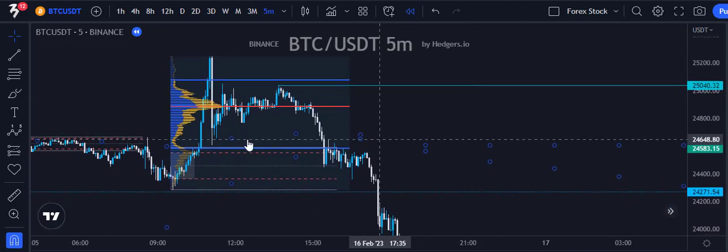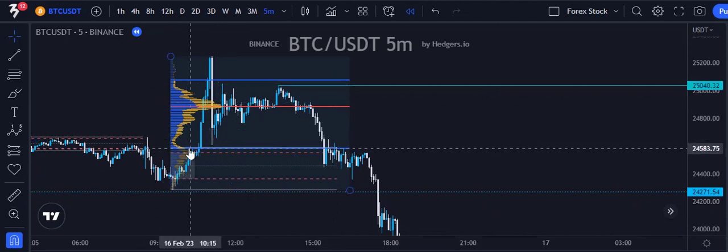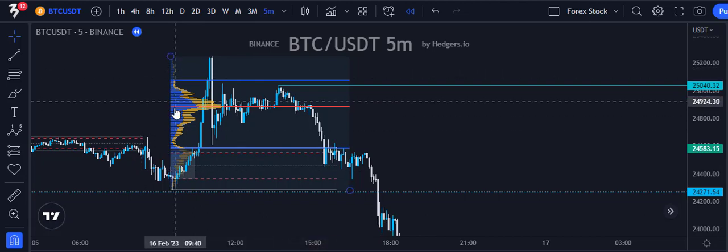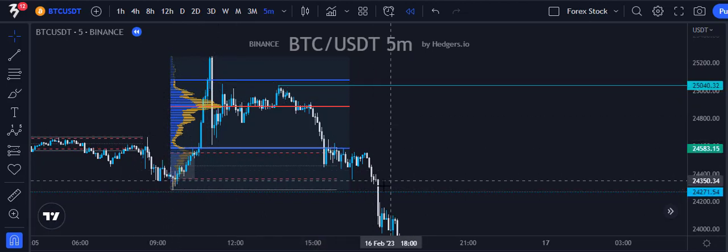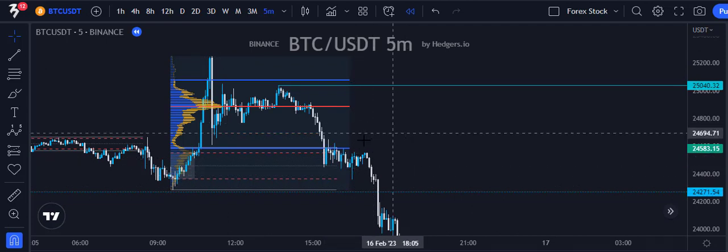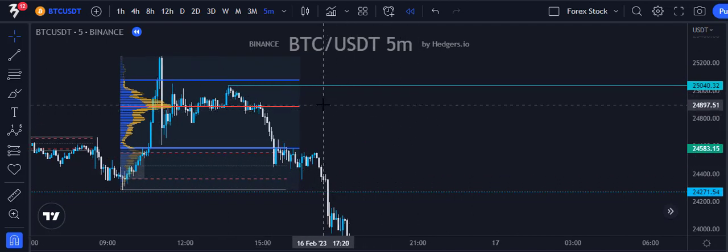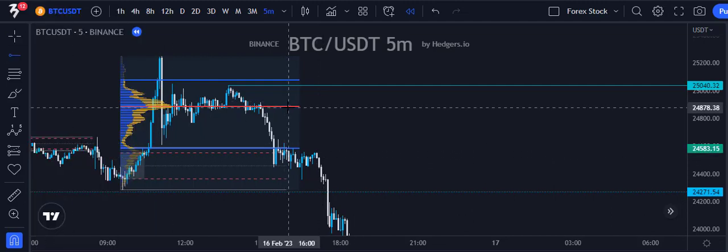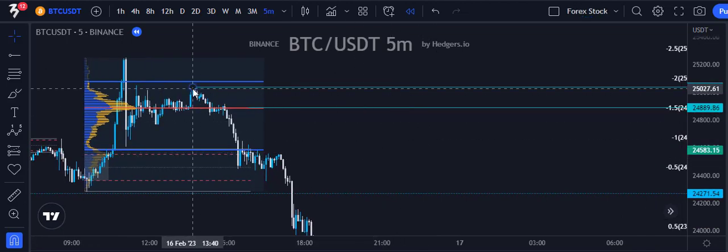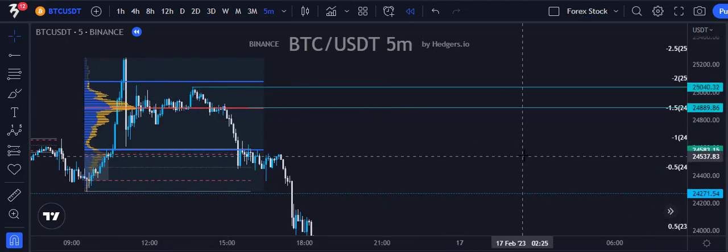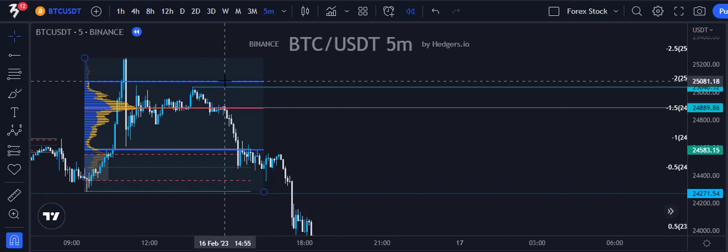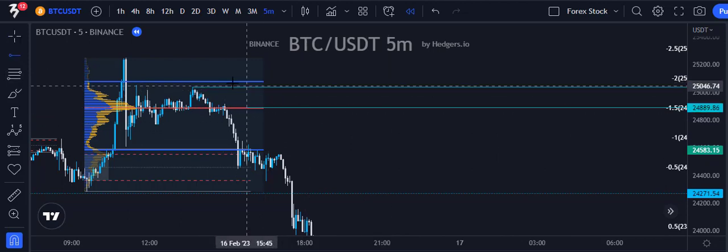I pulled already the range tool from volume profile from the lows to this point, and I find that there is the POCs coming over here. So I'm gonna mark my levels first. I mark this POC here. Okay, I mark this buy side liquidity at this point. Okay, and this is value area high, I'm marking as well, just in case.